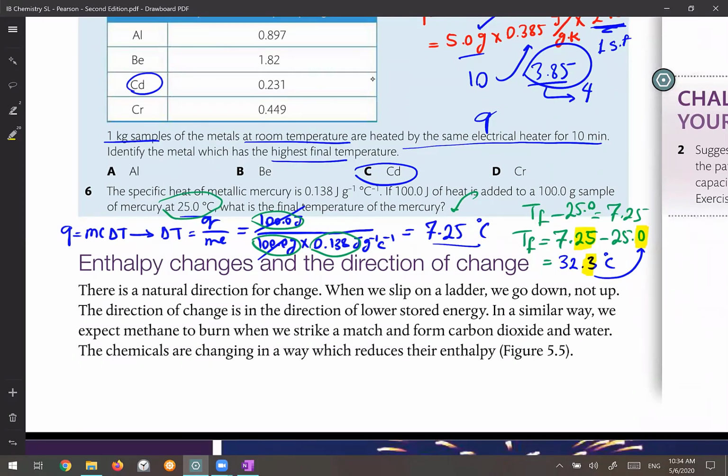This is enthalpy changes and the direction of change. So what does direction of change mean? It means if you have a reactant and product together, the reaction goes from reactant to product, or it goes from the product to the reactant. What the delta H and the sign of that, the negative for exothermic reaction and positive for endothermic reaction, can tell you is if the reaction can happen or not.